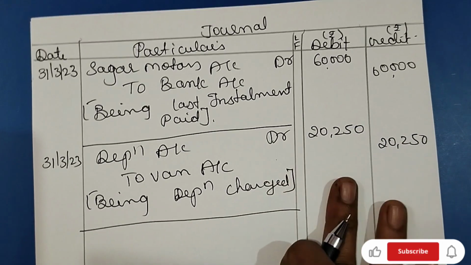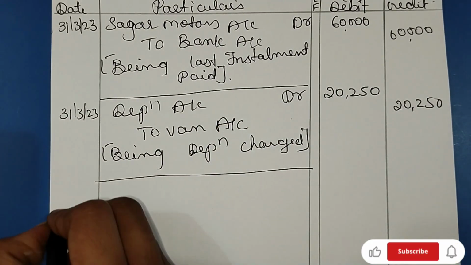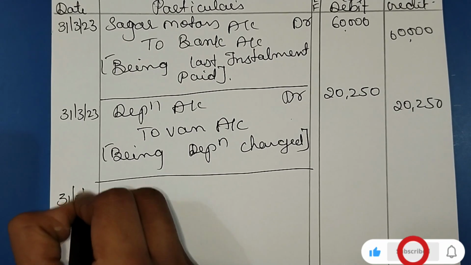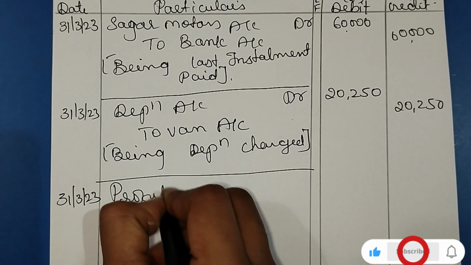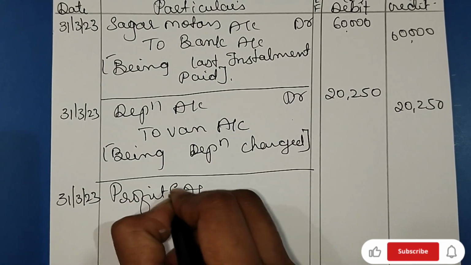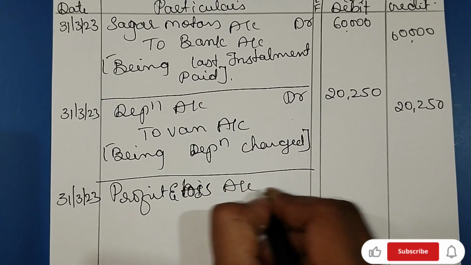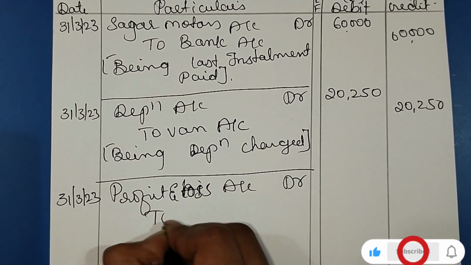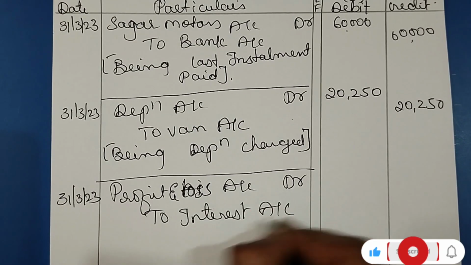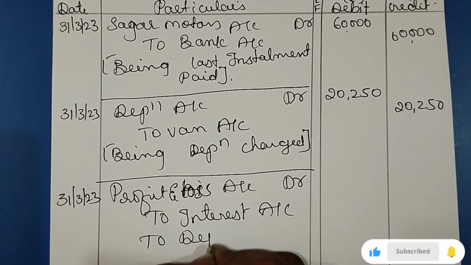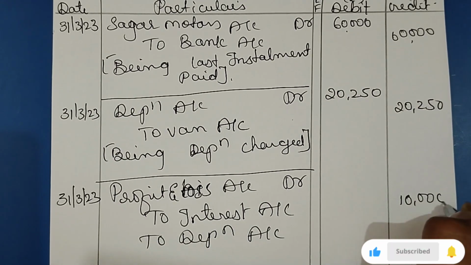Now we need to transfer the last year depreciation and interest to profit and loss account. Profit and loss account debit to interest account, to depreciation account. Interest is 10,000.